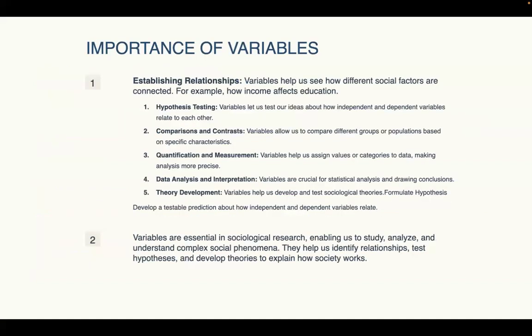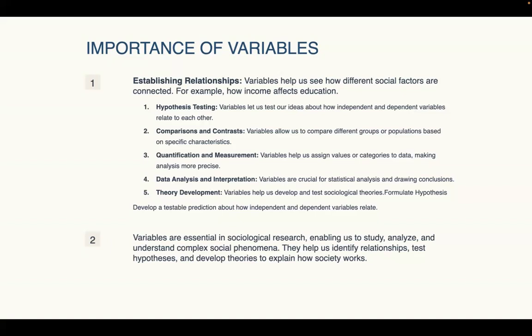Now, what is the importance of variables? First of all, to establish a relationship between two different social factors or social phenomena, it is extremely important to have a variable. How income affects education, and then only we can arrive at the conclusion that there is commodification of education. It also helps in hypothesis testing.